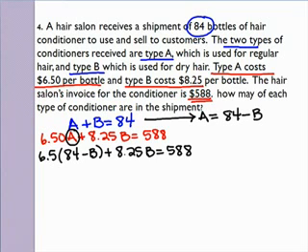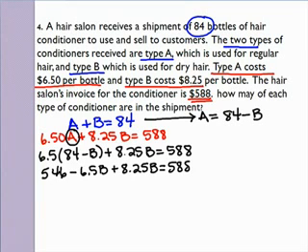And using a calculator, I would get 546 minus 6.5B plus 8.25B is equal to 588. So 546, combining like terms, plus 1.75B is equal to 588.